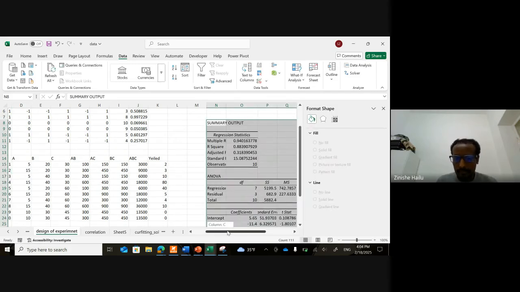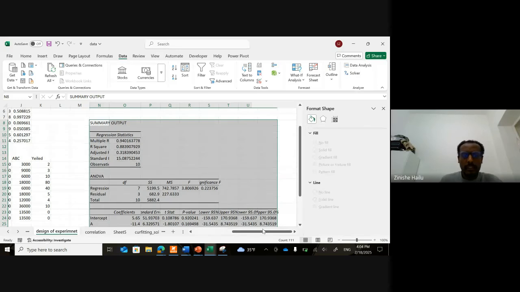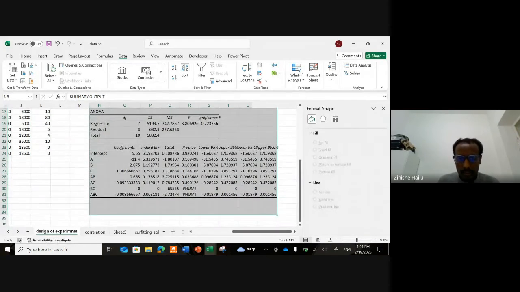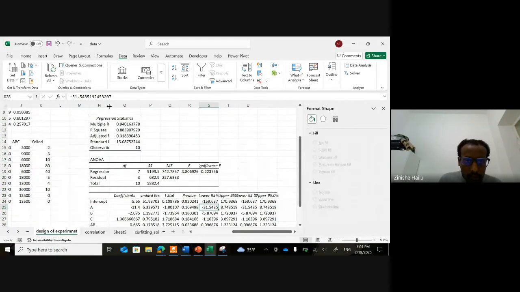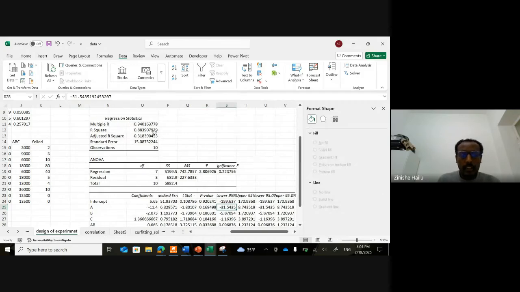Now here we get the regression. R square adjusted is 31. This is 83, and the adjusted one is 31%.